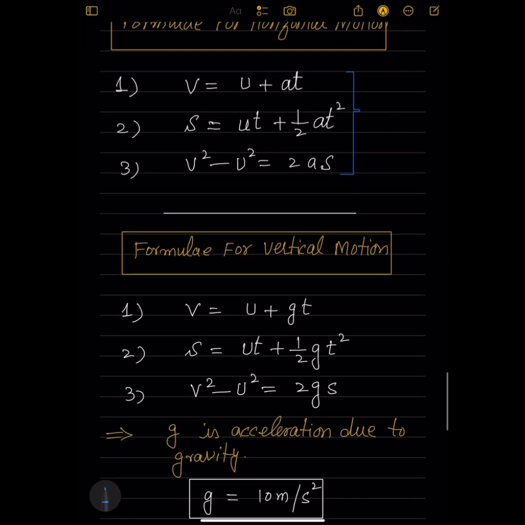The next, the formula for the vertical motion, या आप कह सकते हैं the equations of motion for vertical movement of the particle.